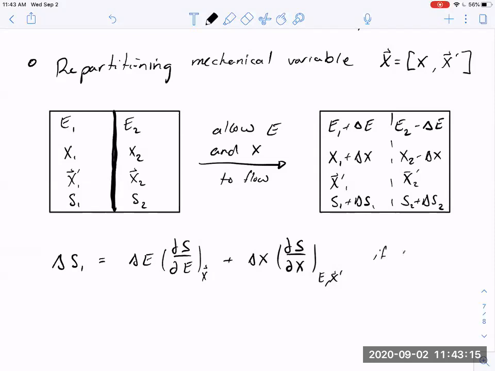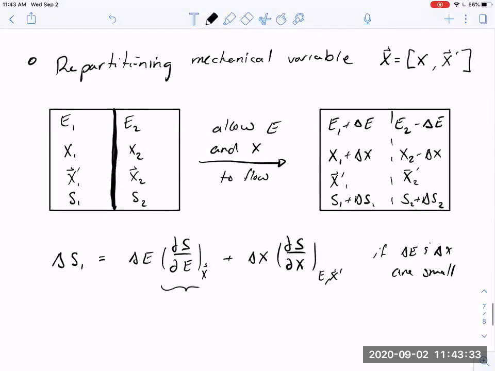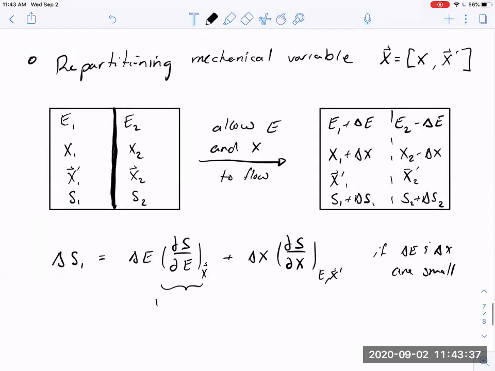This is true if delta E and delta X are both small. If they're both small, we can neglect the cross term that would go like delta X times delta E, as well as higher order terms that go like delta X squared and delta E squared. Now, how the entropy changes with energy, that's our old friend, the temperature.